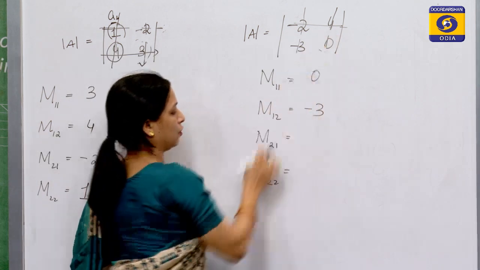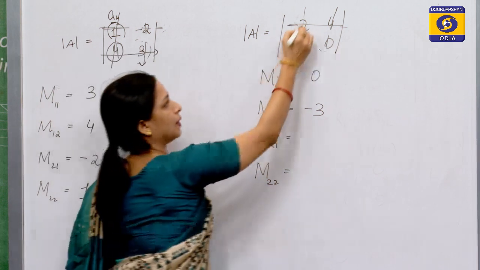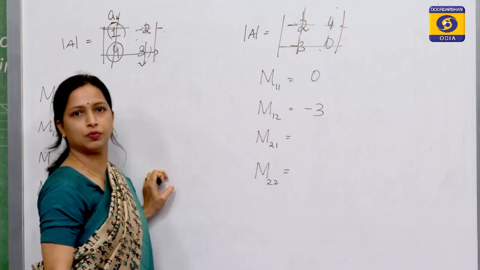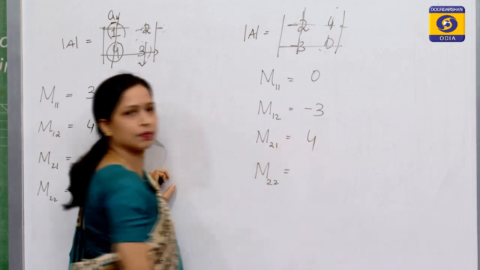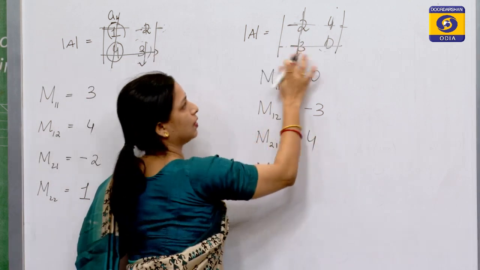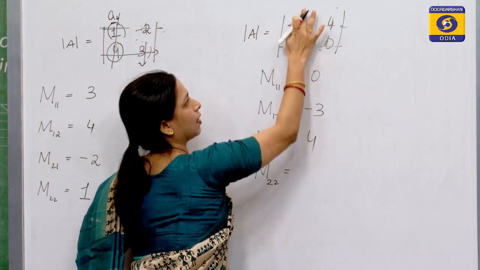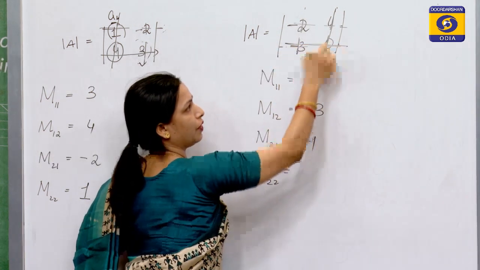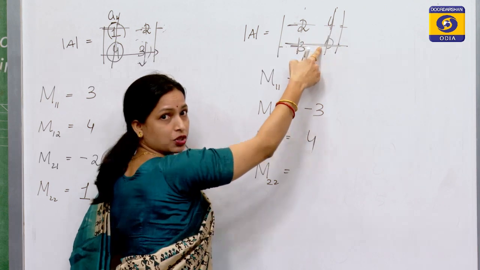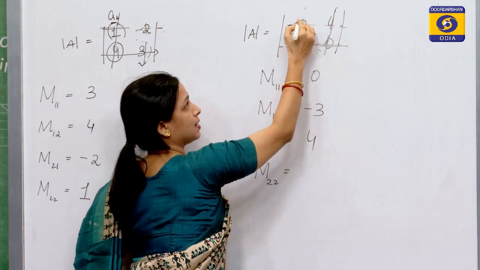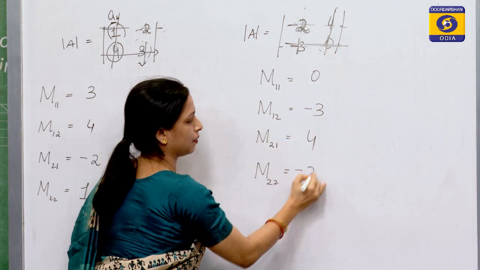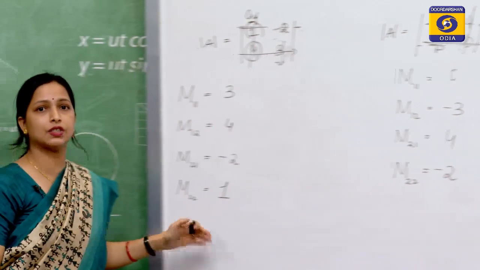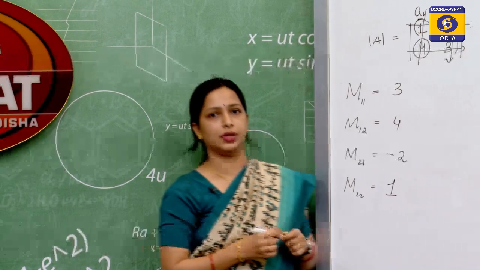For M21, that means 3, the resultant is 4, right. Finally, A22: I delete the row in which 0 exists and the column in which the 0 exists, and the resultant element is the minor. So, this is how we find out the minors of an order 2 determinant.